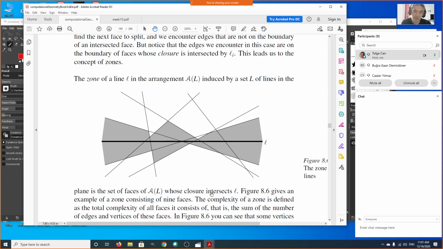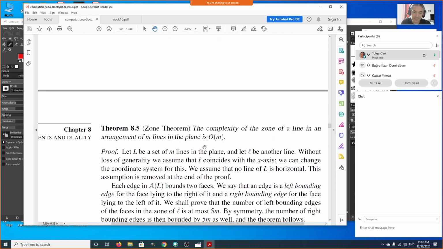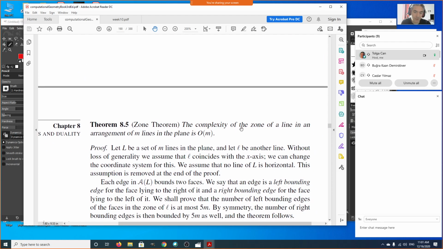Now, the zone theorem tells us that this is linear: the complexity of the zone of a line in an arrangement of m lines. If you have m lines, although the doubly connected edge list, the subdivision, is quadratic in complexity, the zone of another line that passes through this subdivision is linear.